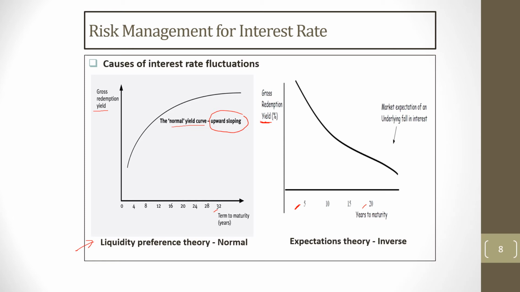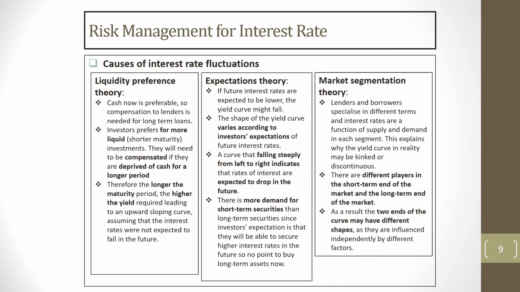So dia juga kita boleh tengok on the evidence untuk expectation theory to support on this curve. Okay, so this is basically the theory. First is the liquidity preference theory, and the second one expectation theory, and the third one market segmentation theory.